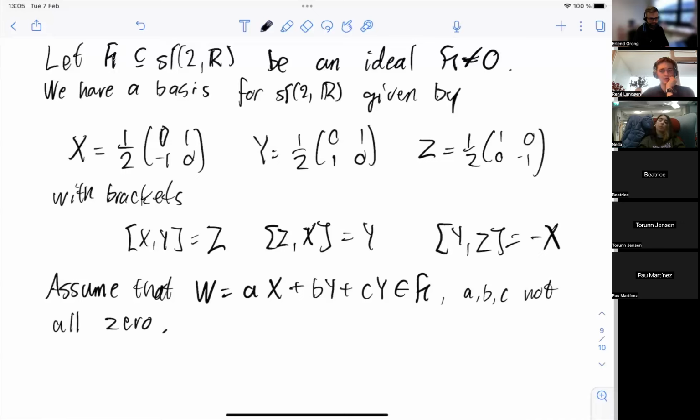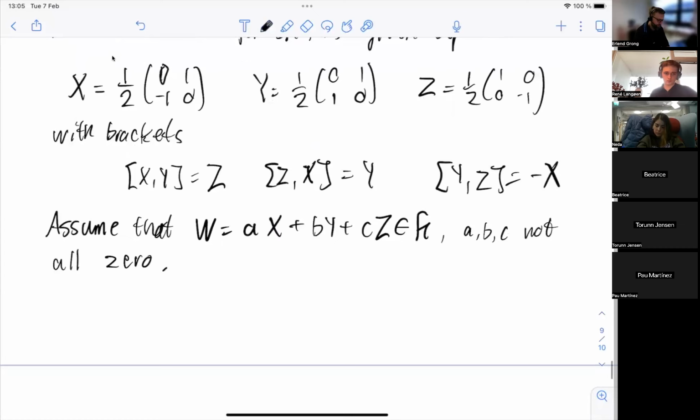So if H is non-zero, then there exists some element W which is not 0 inside of H, right? But then I can do the following trick.